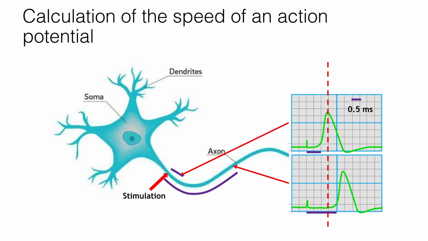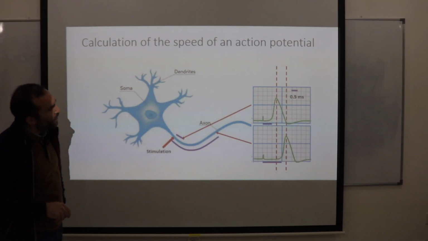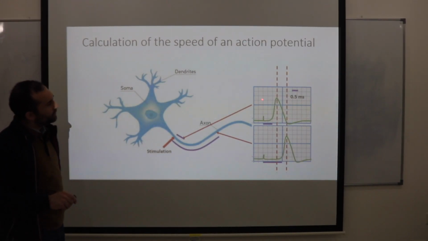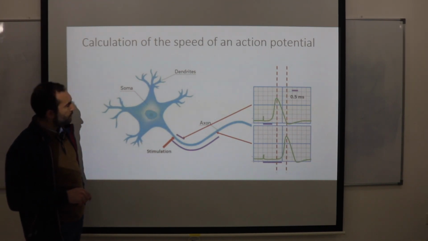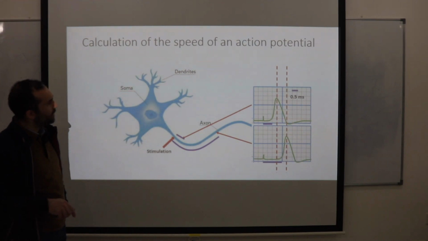In another third way, you can calculate the difference of time needed for the action potential to pass from the first oscilloscope to the second, from here to here. And the distance between them, you have this distance, and this distance takes this time to be passed by the action potential.